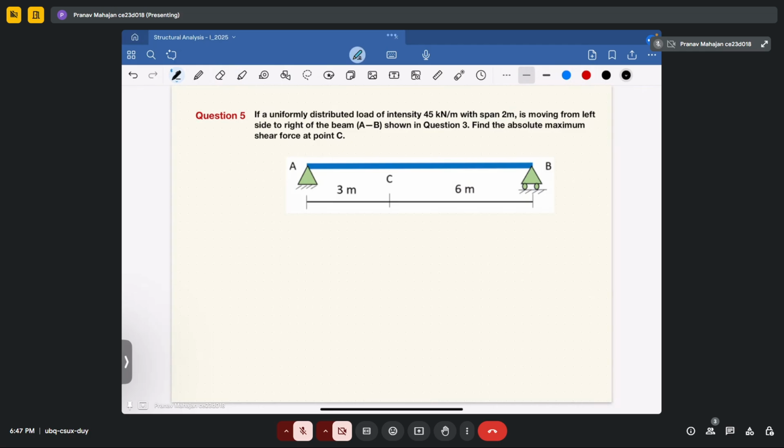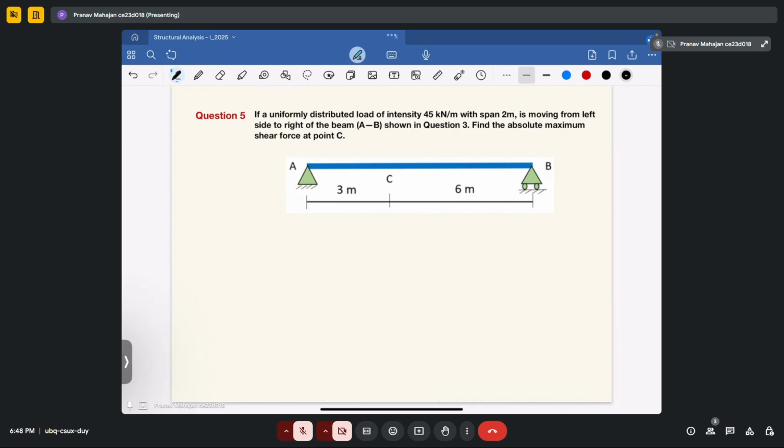So your question 5 says that now the intensity of load of 45 kilonewton with span 2 meter is moving from left to right of beam AB as shown in question 3. Now you have to determine the absolute shear force. Earlier in the same question, using 30 kilonewton per meter load, we have determined maximum bending moment.